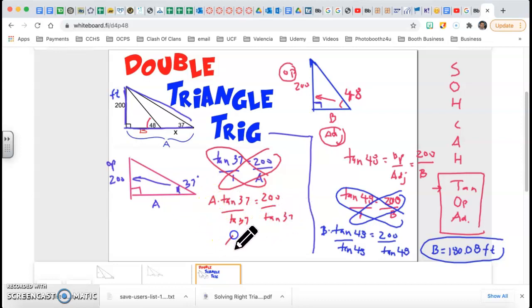And what I get is A by itself equals 200 over tangent of 37.